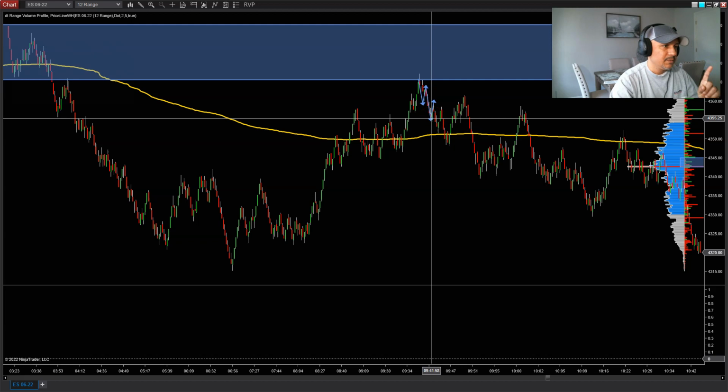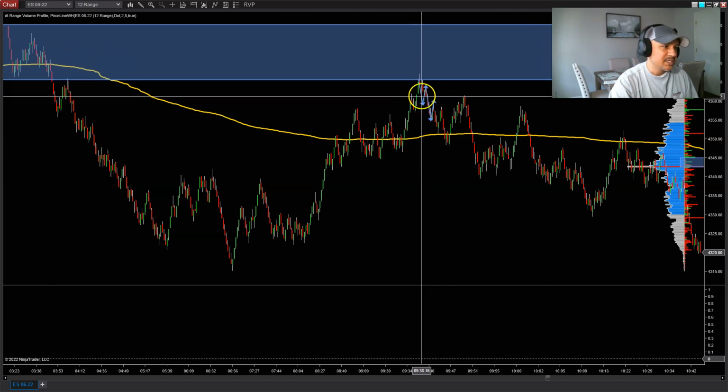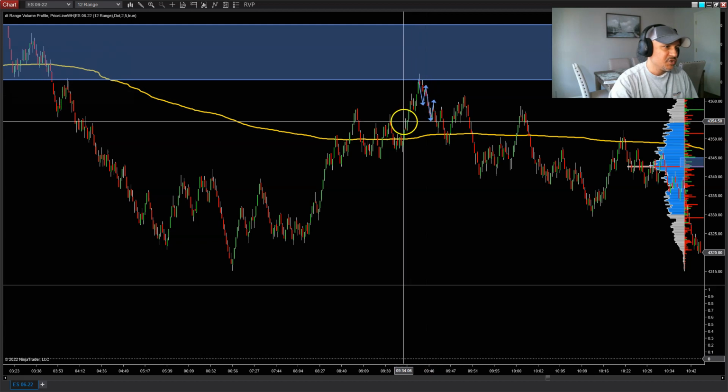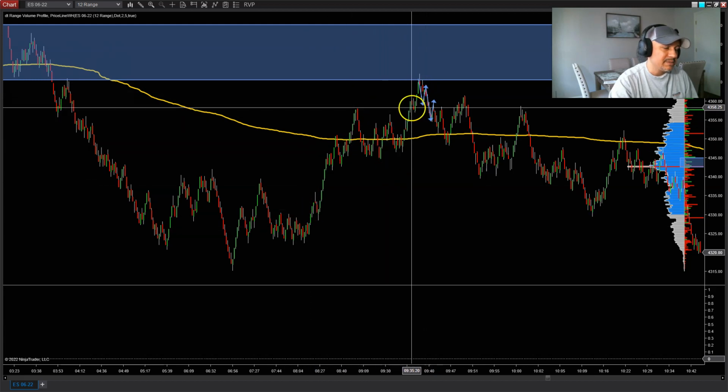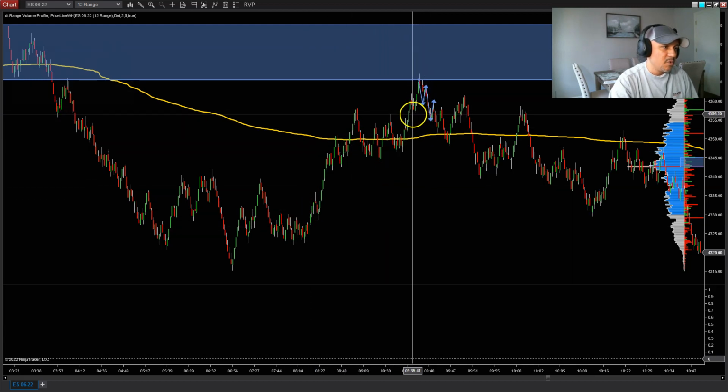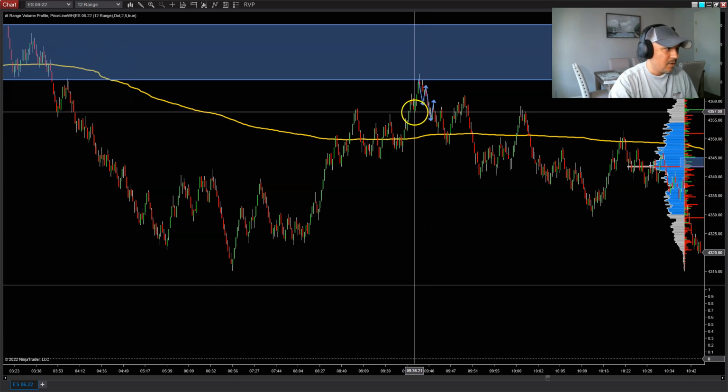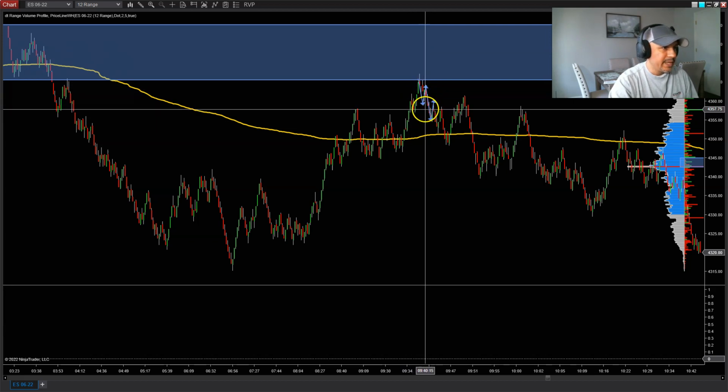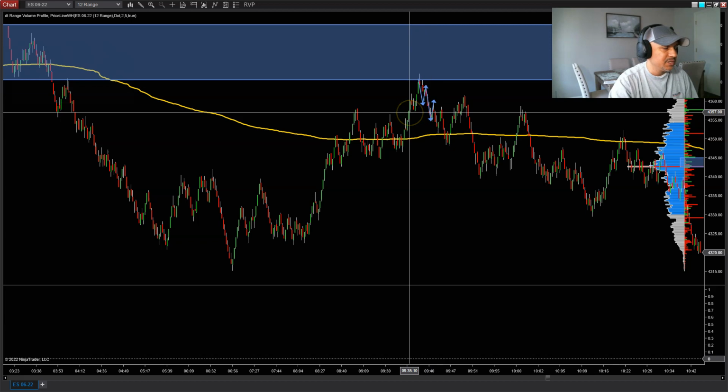Part 2 of step 2 is we also want to see price breaking structure as it's moving down, breaking structure to the left hand side where price is swinging to the upside. It's done that. It's broke the first level right here when it came down on a movement down right here to the left hand side of it.